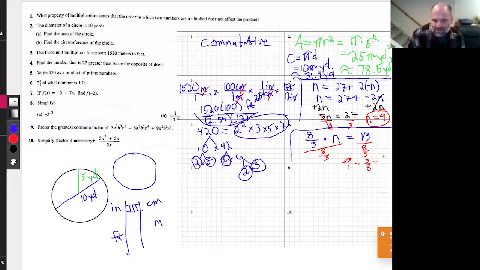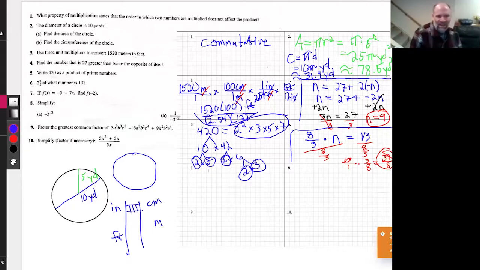Nothing cancels, so you're left with 39/8. Okay, if you want to change it to a mixed number, you can. What is that? 4 7/8 or something. Is that what you guys got? Okay, cool. All right, moving on to number 7.